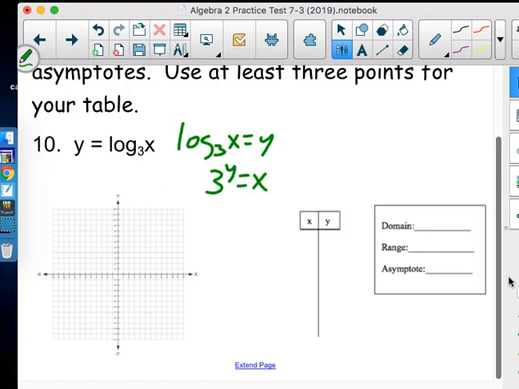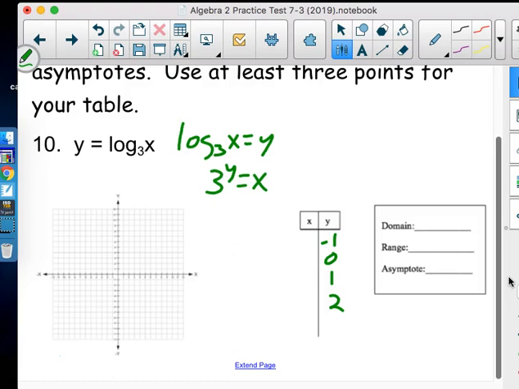So what was the big deal about that? We're putting in Y's, not X's. You got some good numbers you'd like to try? -1, 0, 1, 2. Again, use numbers that would work from negative 10 to 10. So what's 3 to the negative 1 again? 1/3.